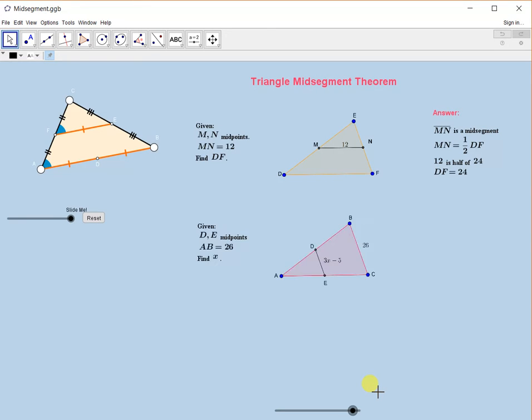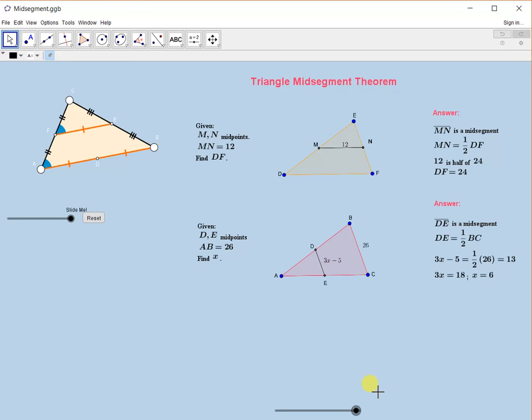Our second example says that we have a triangle. Within that triangle, D and E are midpoints, AB is equal to 26, and we want to find x. Now this one is slightly different because we are now working with an equation, but we still want to apply that same definition of a midsegment, that same theorem of the midsegment, and it's not as difficult if we follow the formula.